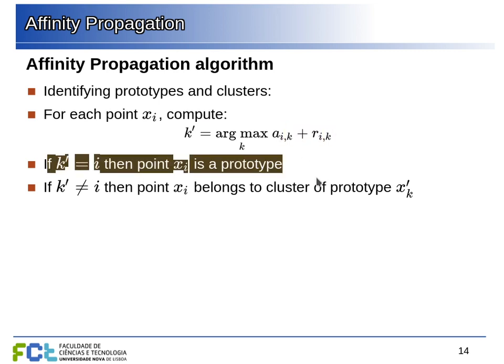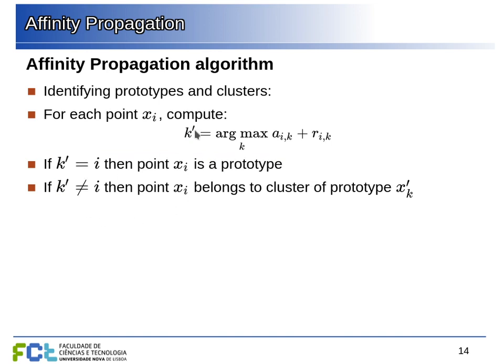The prototype will then be the point that has itself as its best representative plus its availability to represent itself. If this k prime here and I are different, so if the k that corresponds to the maximum of this is different from I, then this point belongs to a cluster that has this one as the prototype.